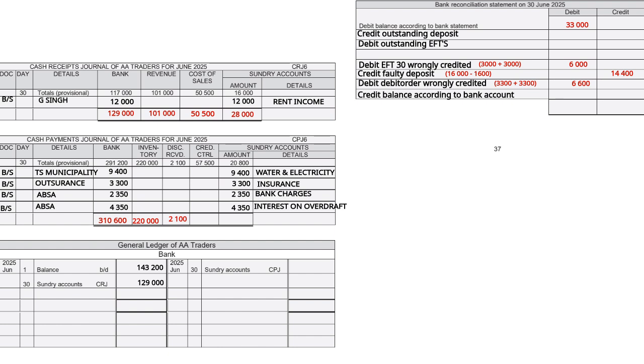Our creditors control remained at 57,500. And our sundry accounts totaled to 40,200. Now we can take our total of our bank CPJ and we can go transfer that to our bank account on the credit side, and that was 310,600 Rand.